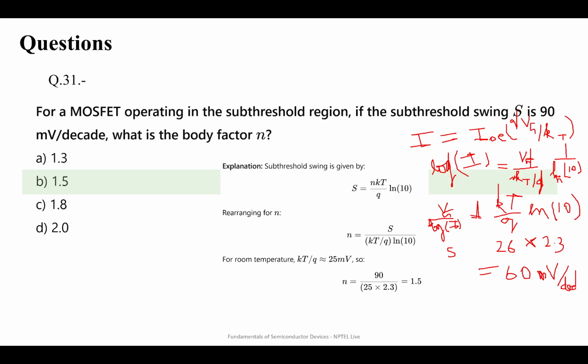So this is the ideal case. But in the non-ideal case, you multiply an n with it, and because of this n your subthreshold slope decreases.